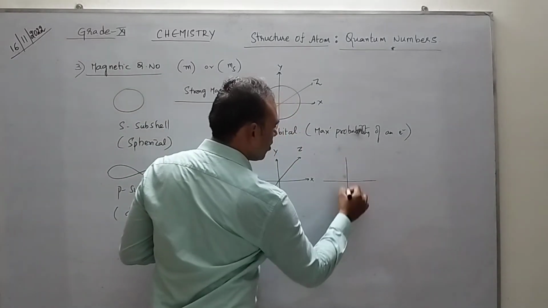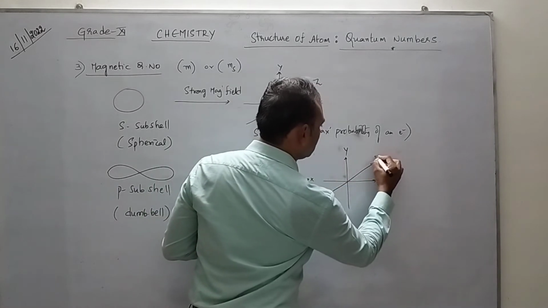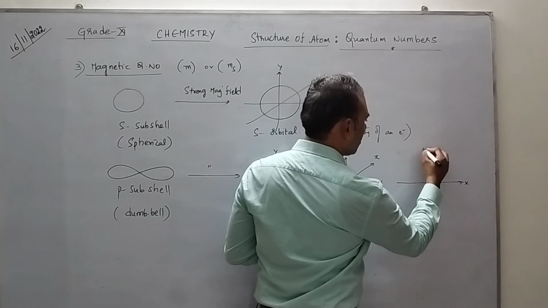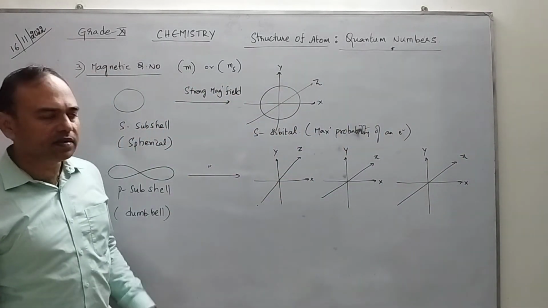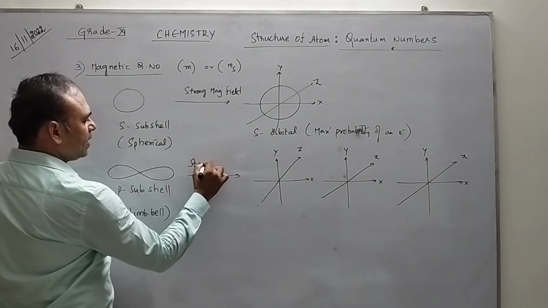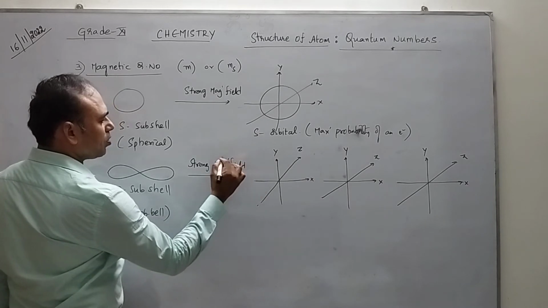So three types of orientation is possible. So let me draw the axis first. So we have X, Y and Z axis. What will happen in the presence of a strong magnetic field? Now it gets oriented. So how?